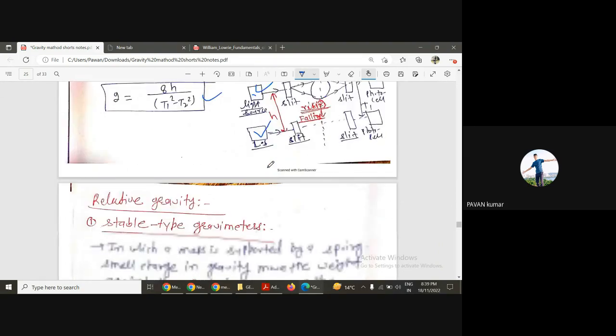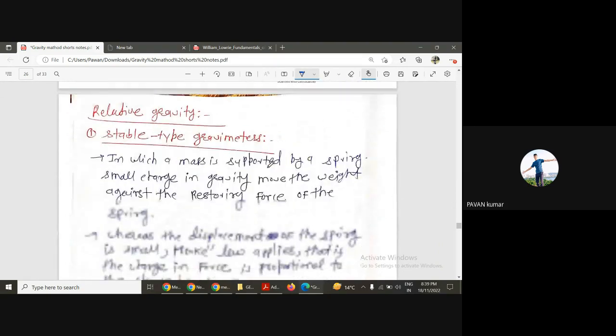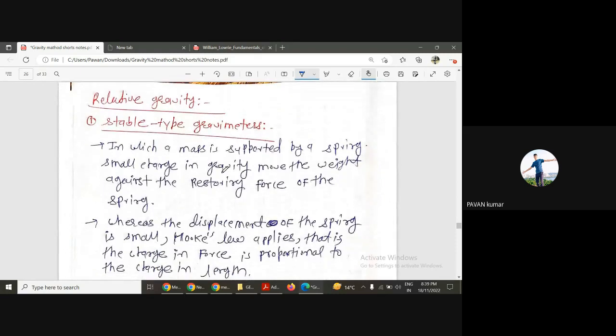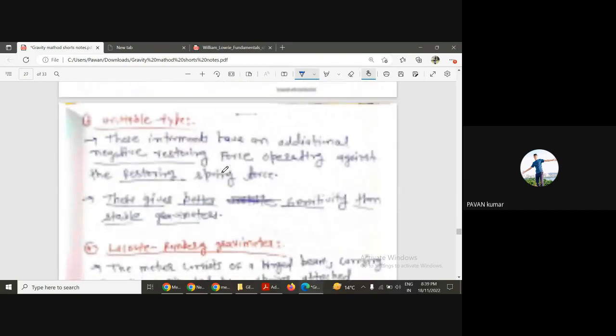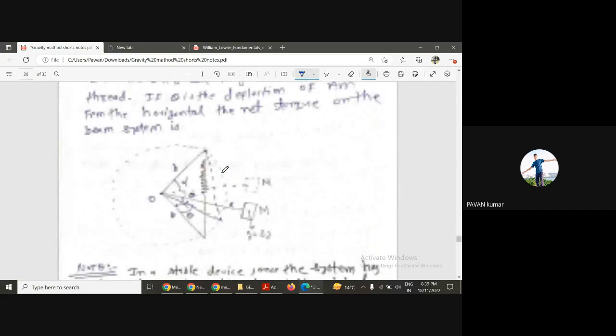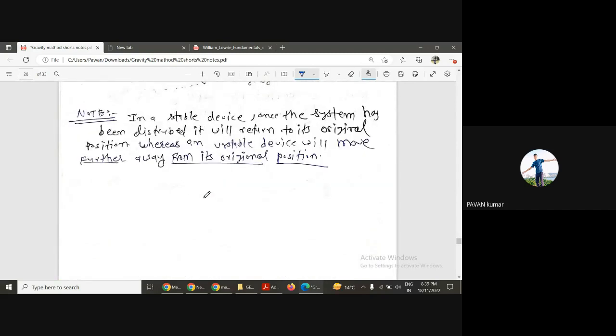After that, we discuss relative gravity instruments. In relative gravity instruments, we use two types of gravimeter: the stable type gravimeter and the unstable type gravimeter. The basic difference is that in a stable device, once the system is disturbed, it returns to the original state.